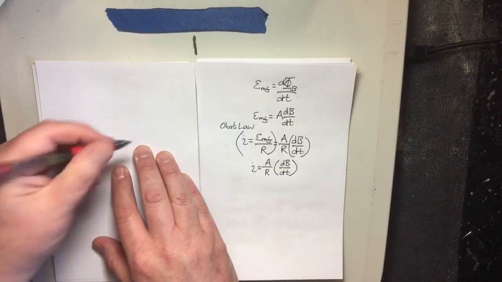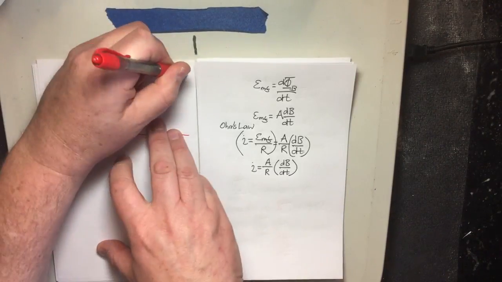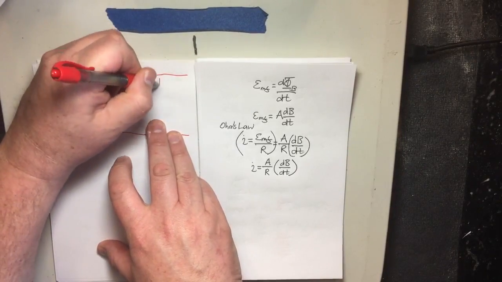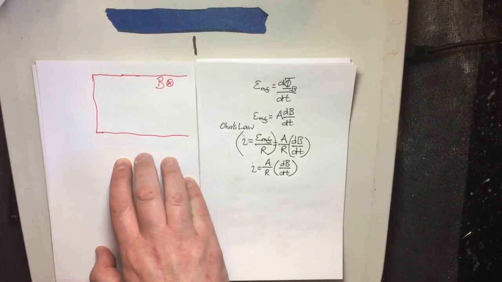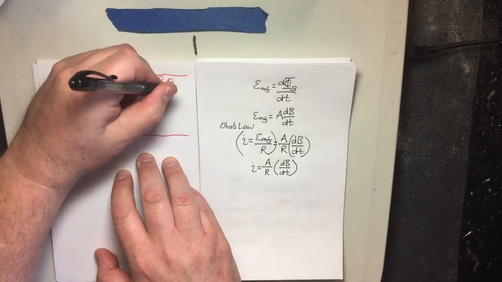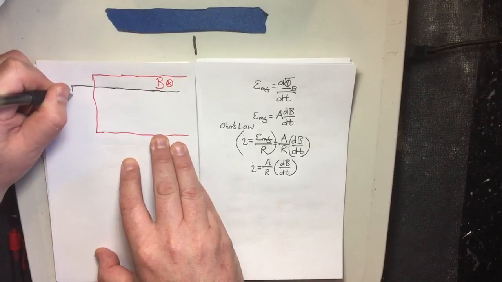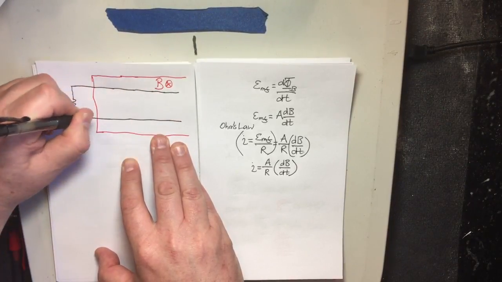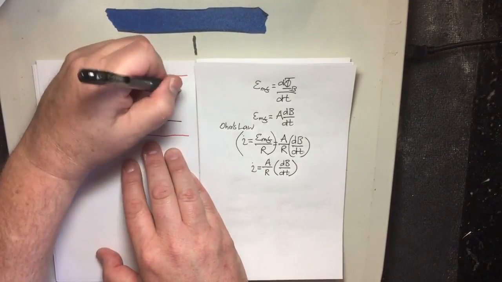The second example, we have a region of magnetic field. This magnetic field is constant, and let's just say it's into the page. There is a wire with a resistor.